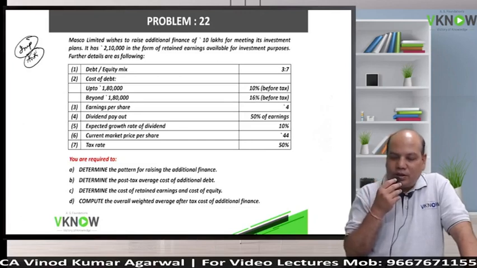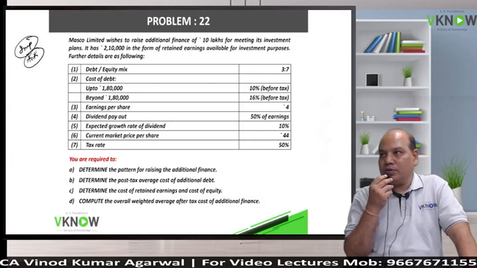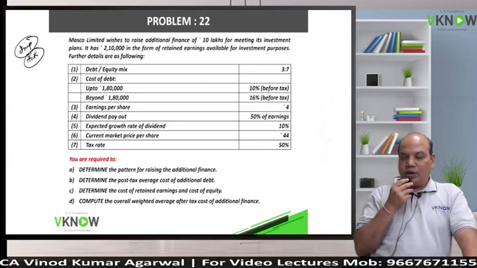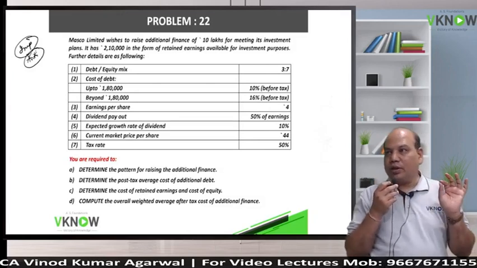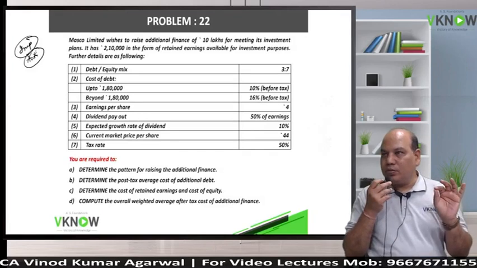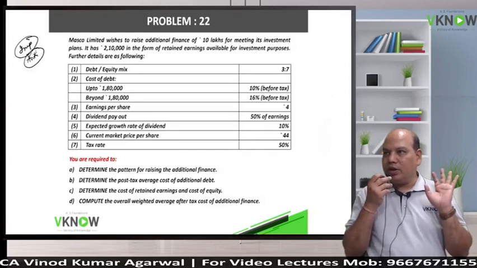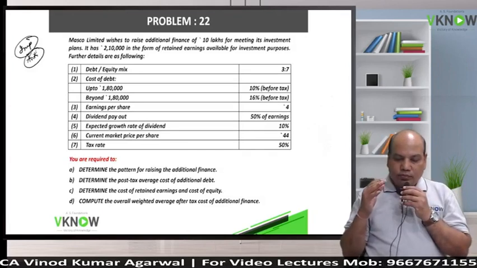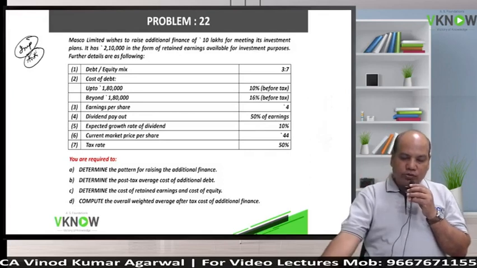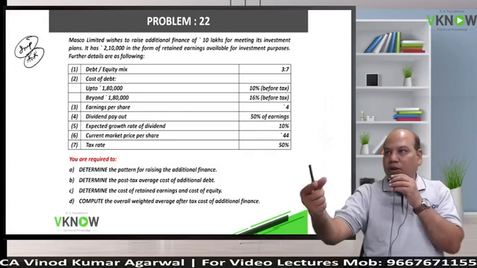That is 10 lakh. It has 2,10,000 in the form of retained earning available for investment purpose. So out of 10 lakh, 2,10,000 will be funded from own funds, retained earning. So remaining amount they have to raise from the market.